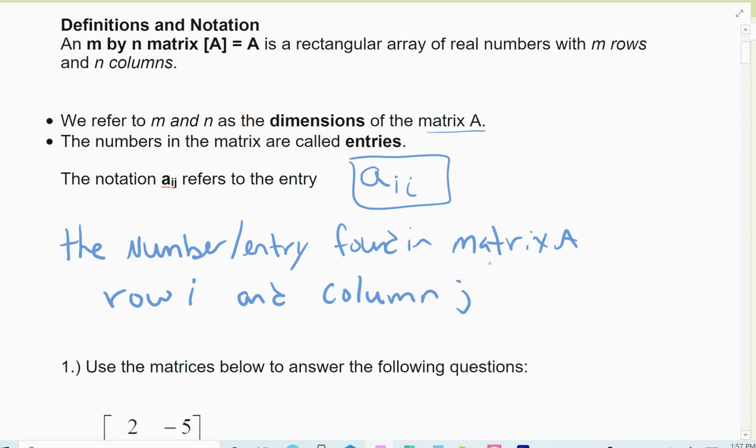Maybe you've played bingo: B-I, so it's in row B and column I. This is our matrix notation. We've got a bunch of numbers in a rectangle, and I want a specific one of those numbers. To do that, I have to figure out what matrix I'm in, and in that matrix what row and what column I'm looking for. So that's row i, column j.